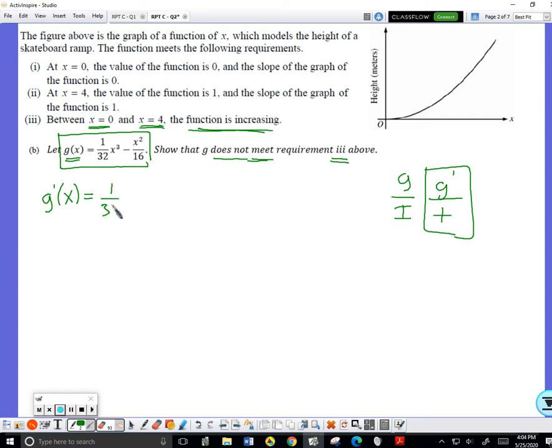So we've got 1 over 32, 3x squared, 1 over 16, 2x.